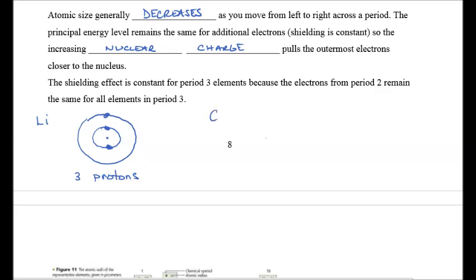Carbon is 2 electrons in the first shell. Be careful how you draw this. We want this to be smaller than lithium. It has 4 electrons in the second shell. But there are 6 protons that are pulling the outer electrons closer to the nucleus.